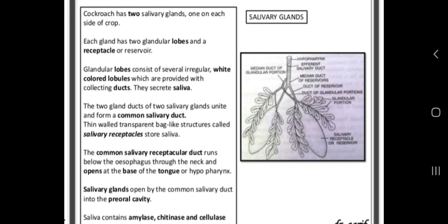Glandular lobe consists of several irregular white colored lobules which have collecting ducts. They secrete the saliva.